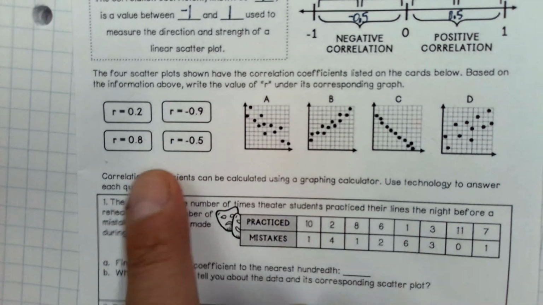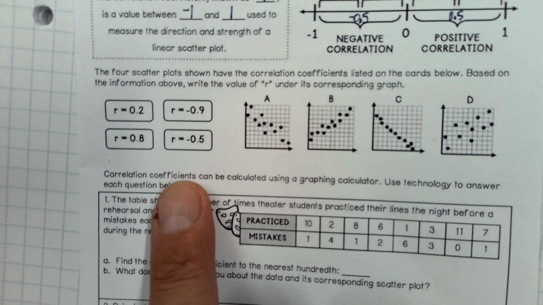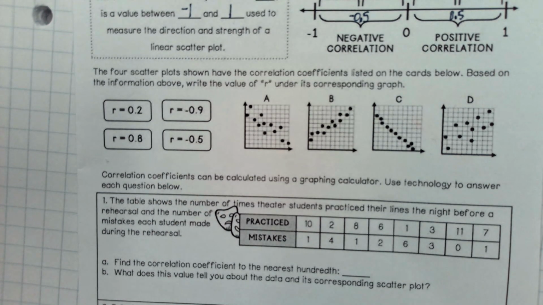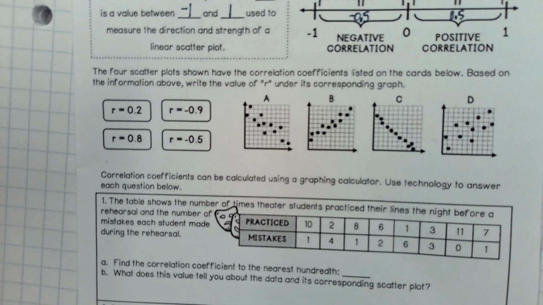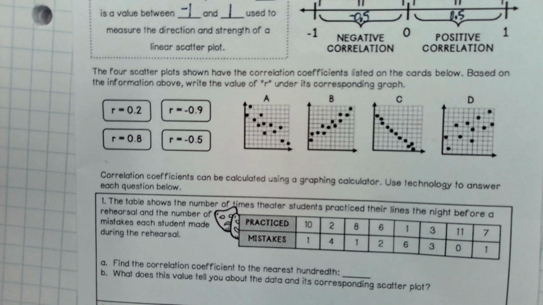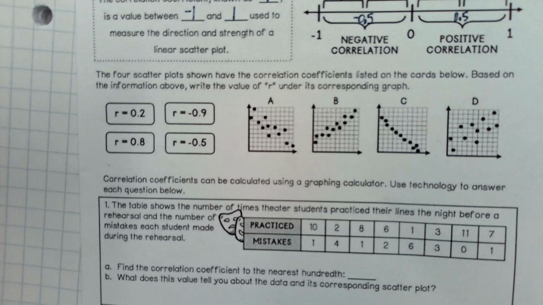So figure out where 0.2 is, where 0.8 goes. What do you think? By the way, this is going to be part of what you're going to do on an IXL.